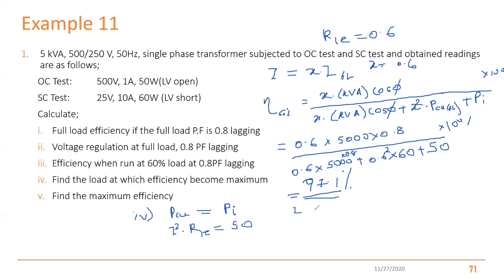So I can calculate I as 50 divided by 0.6, then you have to take the root of that. That is the current, or load, at which the efficiency becomes maximum. The current is 9.128 amperes. That is the load current at which the efficiency becomes maximum.